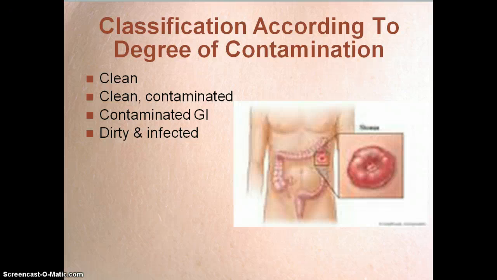Part of what we do to prepare the bowel for surgery, if we have time, is the preps, the GoLYTELY, medications that cleanse the bowel in preparation for that surgery.